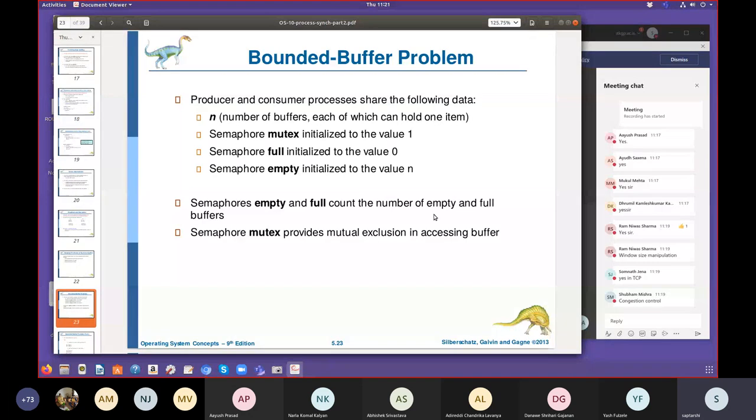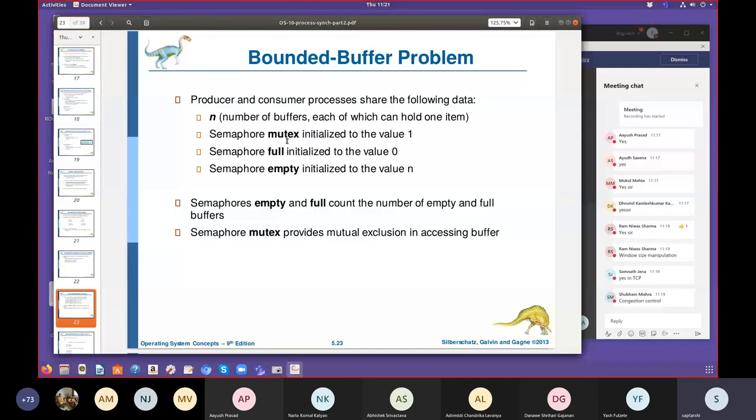So in this case, what is a possible solution? Let's say we have n buffers. We have already discussed this problem. We want to utilize all of them. So let's say we use three semaphores: mutex, full, and empty. Clearly, mutex would be used for ensuring mutual exclusion to the buffer.